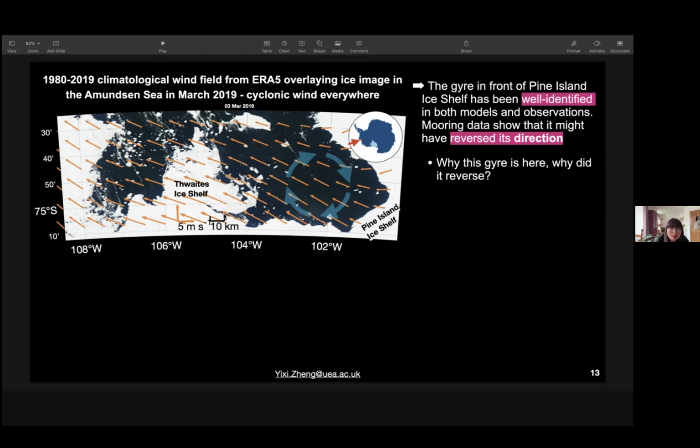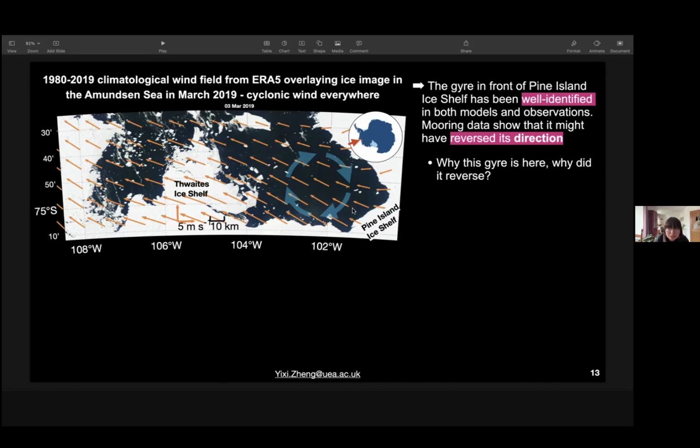Those orange arrows actually show cyclonic wind everywhere. So it means that the wind field in this place is rotating clockwise, cyclonically. So that is forcing this gyre here. So for this gyre, we sort of understand why it is here, because the wind forcing here is cyclonic.